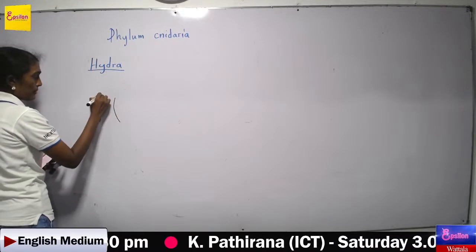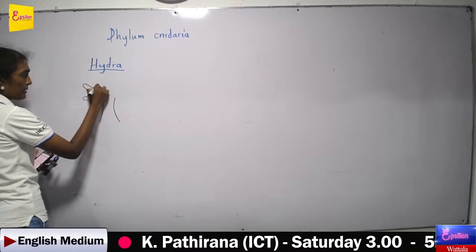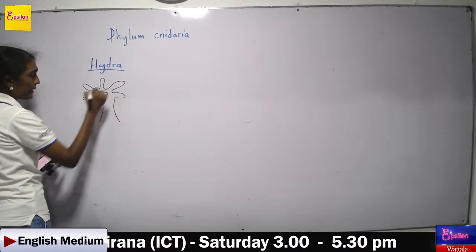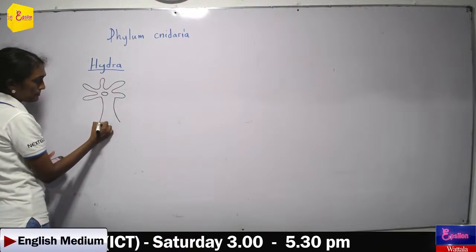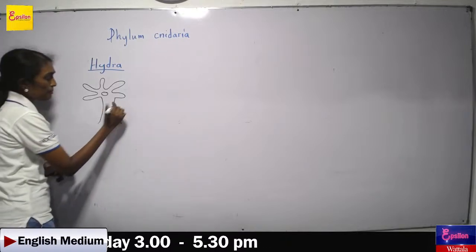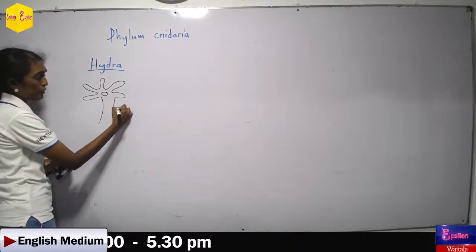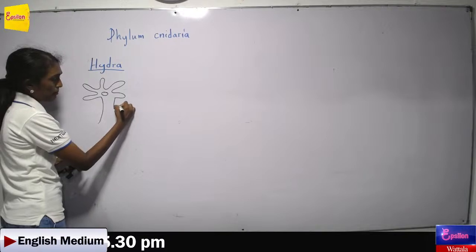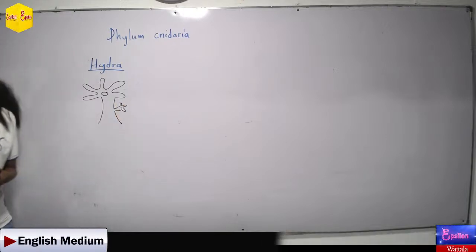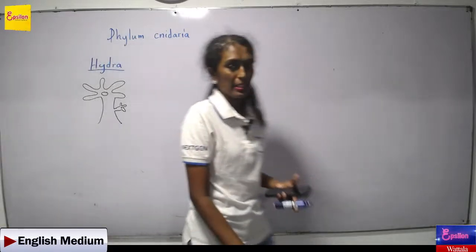And also having tentacles around their mouth. Where are they living? Yes, marine environment, right? And the small Hydra will be initiated from a small bud from the mother Hydra, okay? Budding is their reproduction method.